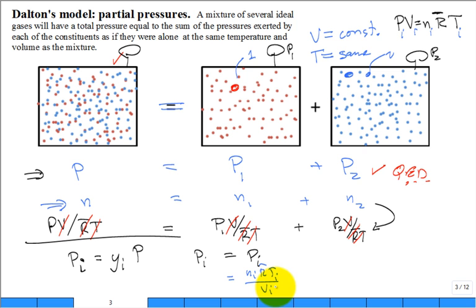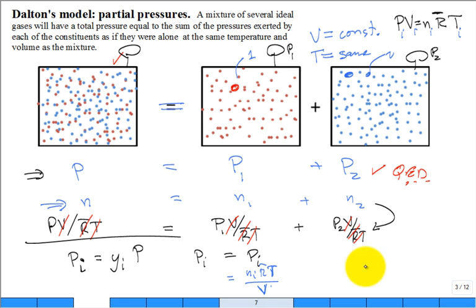But we're using Dalton's model, so we have the partial pressure concept. That we really should drop the subscript on the V_i and just talk about the volume. Likewise, drop the subscript on the T. There's no concept of partial temperature. And in this case, we're not talking about the partial volume. We're talking about the total volume.